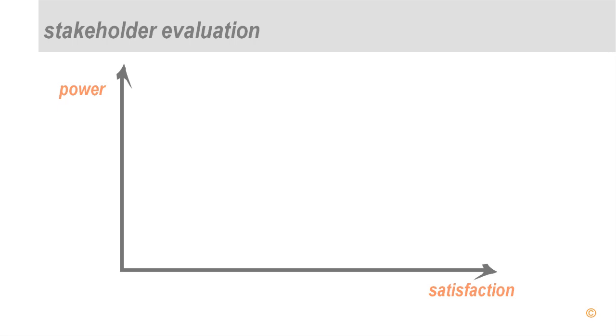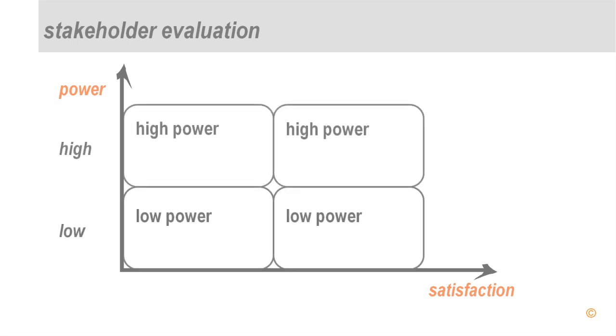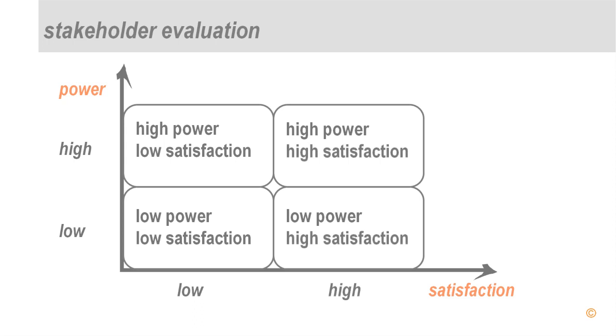And are they having a lot of power over me? Yes or no? So we can look at low power versus high power stakeholders, and we can ask, is the stakeholder satisfied? So in other words, low satisfaction or high satisfaction with what I'm doing. And then I am evaluating each stakeholder in terms of those, and I'm plotting them in the according boxes.